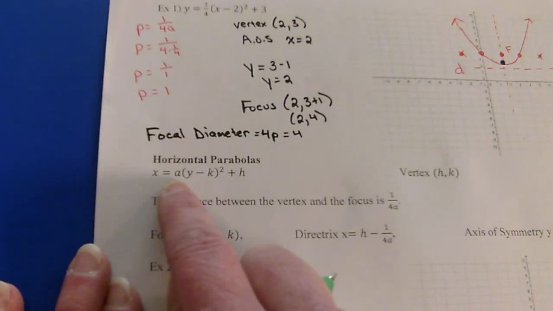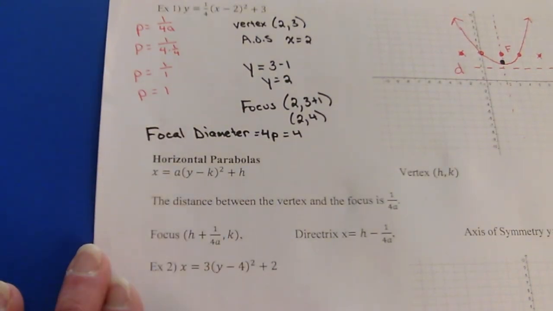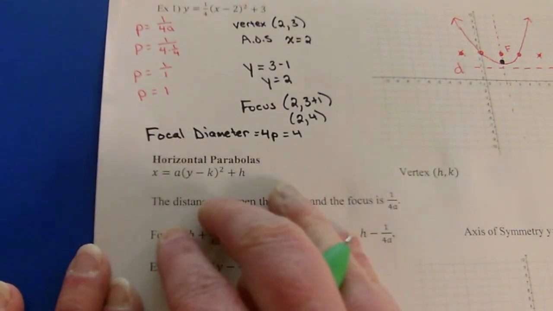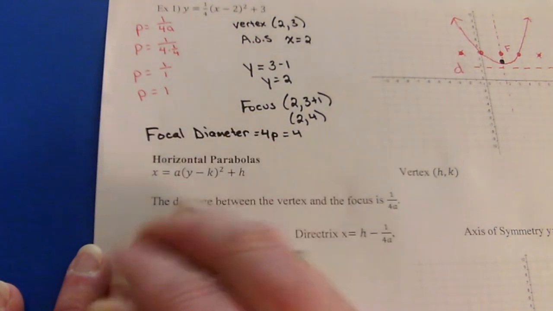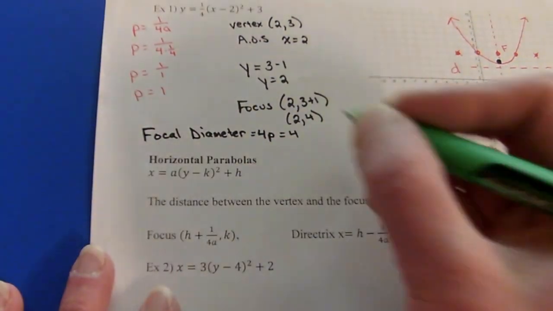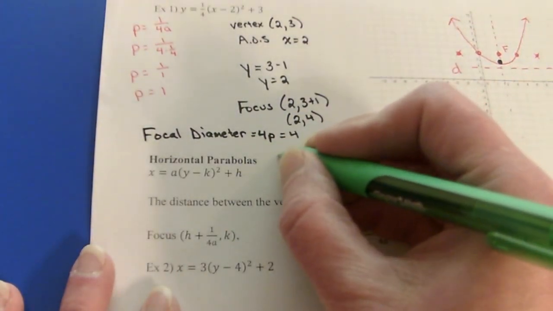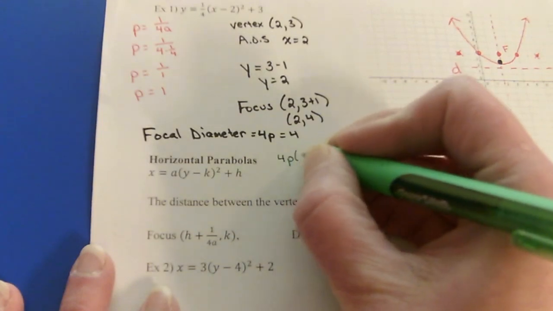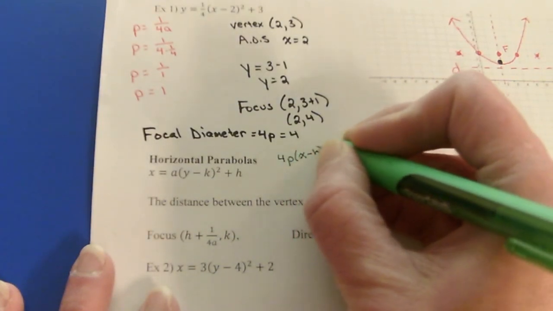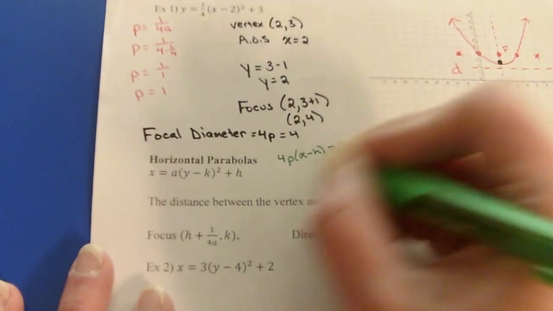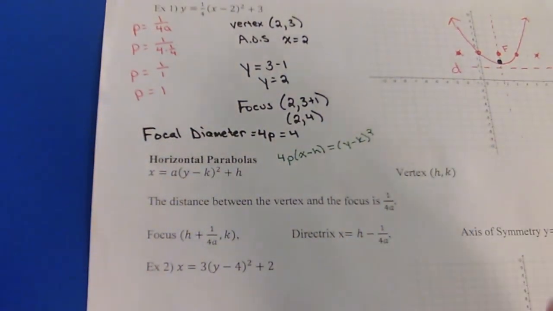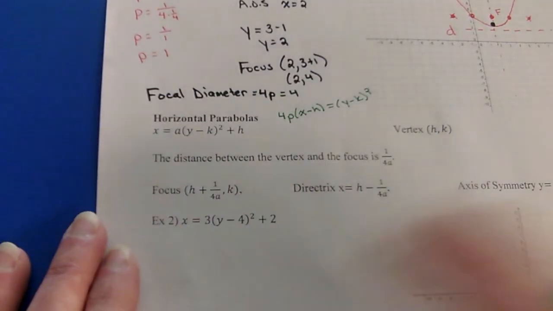If a is negative, it's going to be opening to the left. I'm going to go with the traditional way of writing it, and then I can show you that if you rearranged it, you would end up with 4p, and then you'd have your x minus h equals (y minus k) squared. Remember, that's one way of writing it. You'll see that in textbooks sometimes. I'm going to alternate between the two.